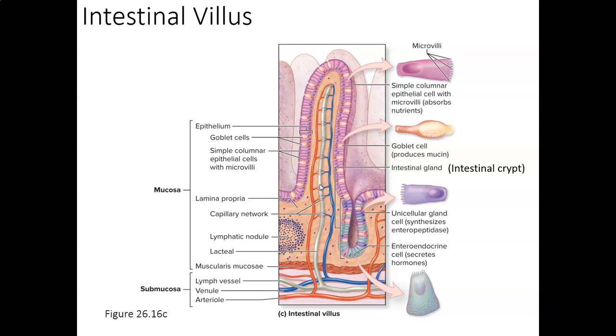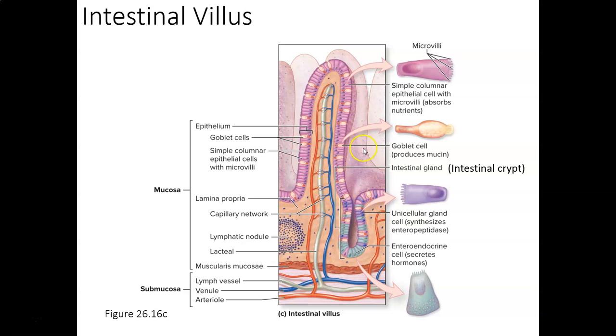Not only the blood vessel capillary network, but also the lymphatic capillaries going into each one of the villi. That's those white-colored capillaries, and they have a special name in the small intestine. These lymphatic vessels are called lacteals, because they are the primary capillaries that absorb lipid-rich nutrients and drain into the blood.